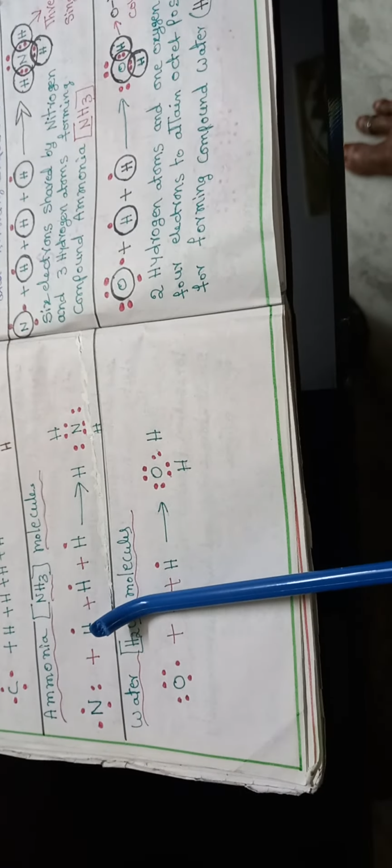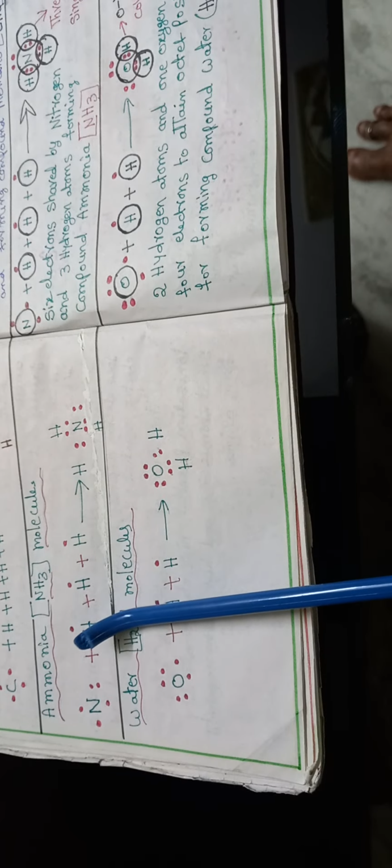Each hydrogen has 1 valence electron. Around nitrogen 3 hydrogen atoms are there, and the 3 plus 3, 6 electrons are shared by nitrogen and hydrogens.